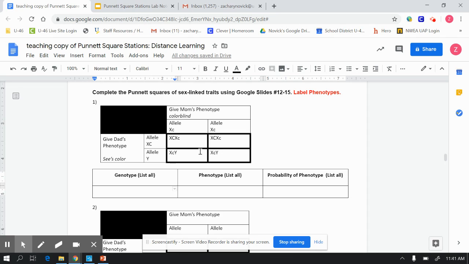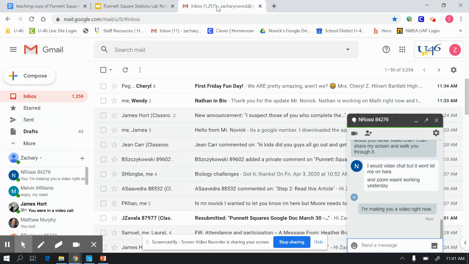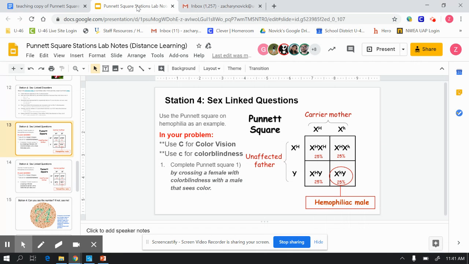All right, so we know that we have two of the same. For our first genotype, we are going to list female. And let's see, so now here's the question. Is dominant recessive colorblind? Let's go back to our chart. Is this person a hemophiliac?